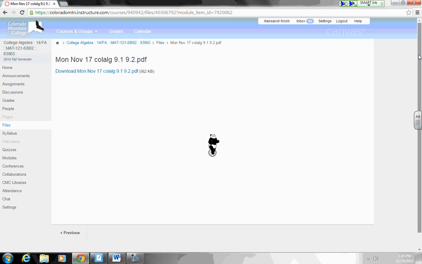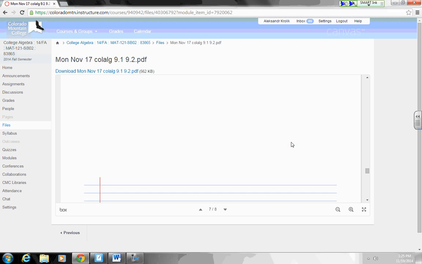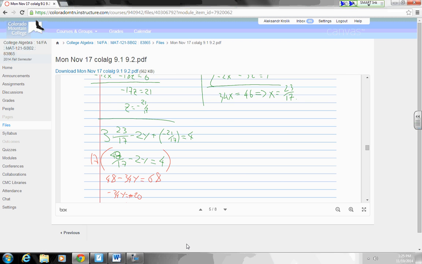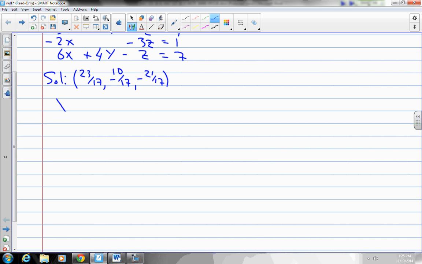Let me just double check. Yeah, negative 10/17, negative 21/17, and positive 23/17. Okay. So basically what this says is that x equals 23/17, y equals negative 10/17, and z equals negative 21/17.